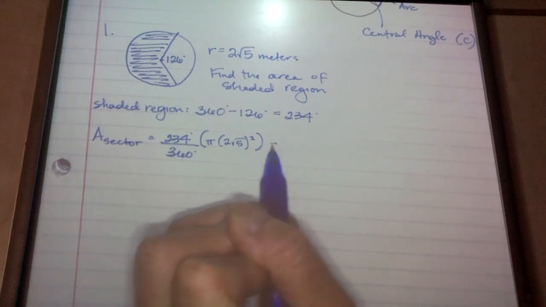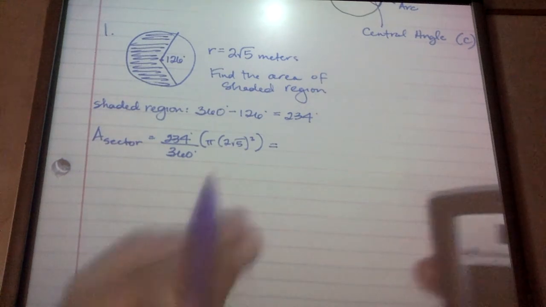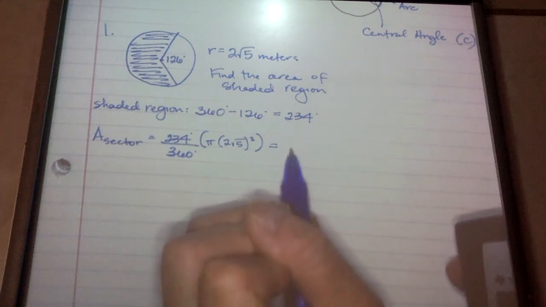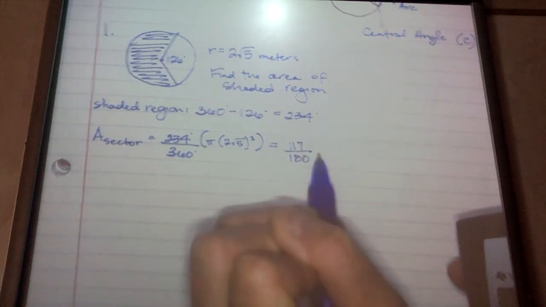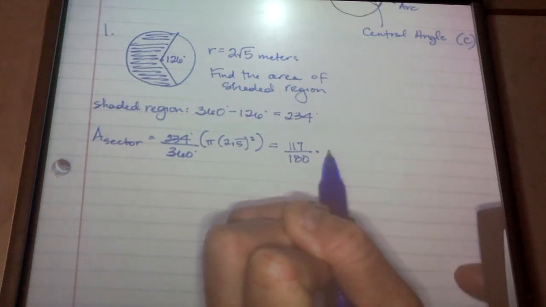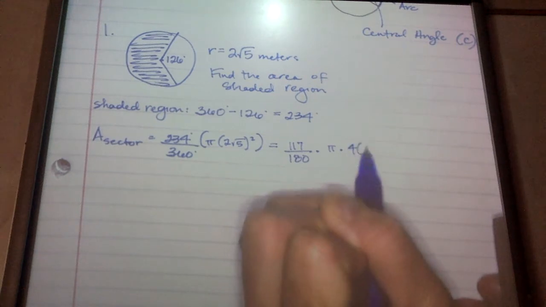If I simplify this, 234, I'm going to simplify this to be 117 over 180 times pi times 4 times √5.